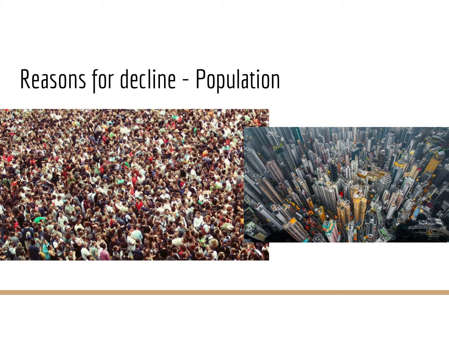Next up is population increase. That's our second P. And we will talk about population increase and human population growth later on. What's interesting about the population piece of the HIPPO acronym is that there are some that argue that population increase is the only reason for the decline in biodiversity.